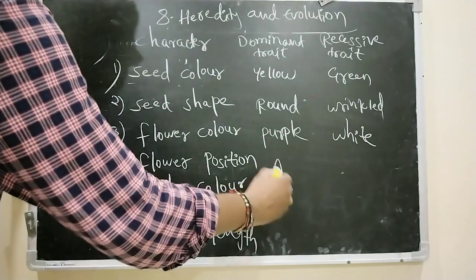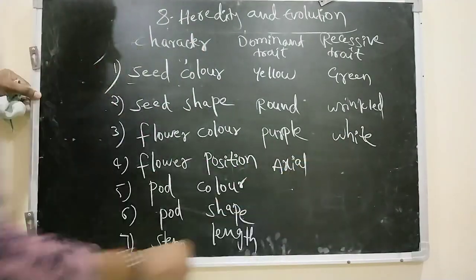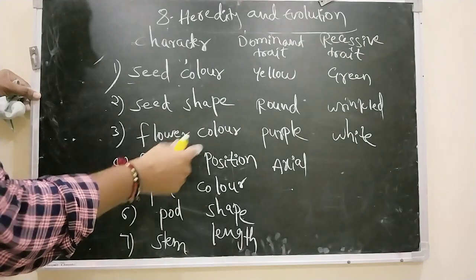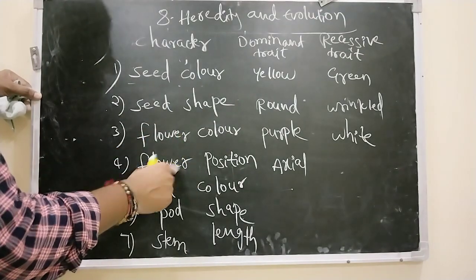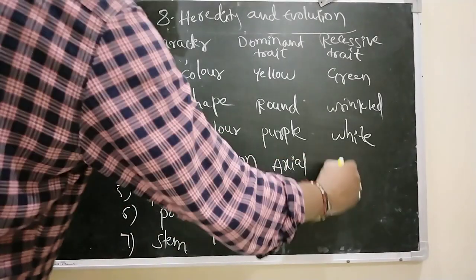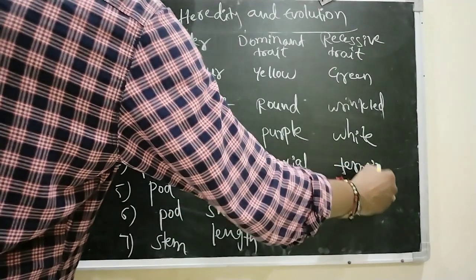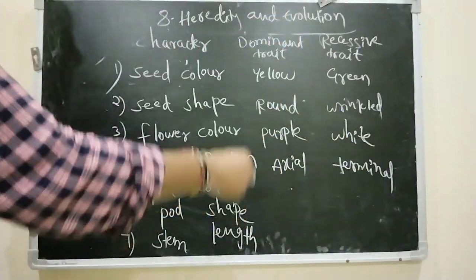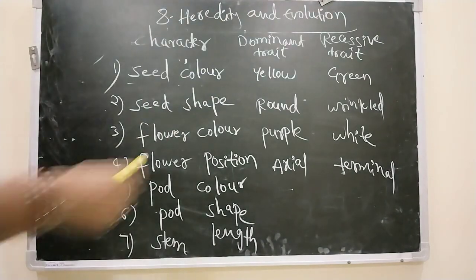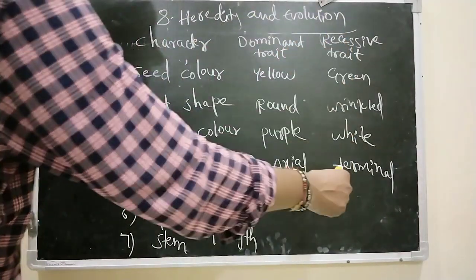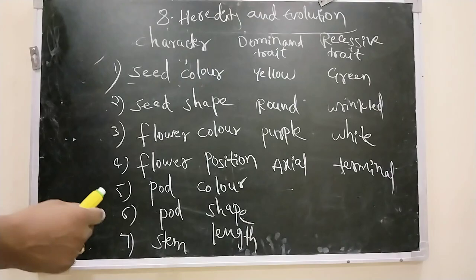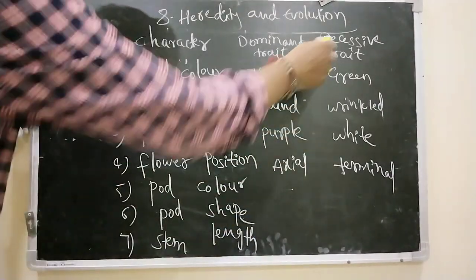Flower position, axial, most of the flowers are arranged in the axial position and rarely terminal position. So which is appearing mostly is called the dominant trait. Those expressing in fewer numbers of times are called recessive traits.